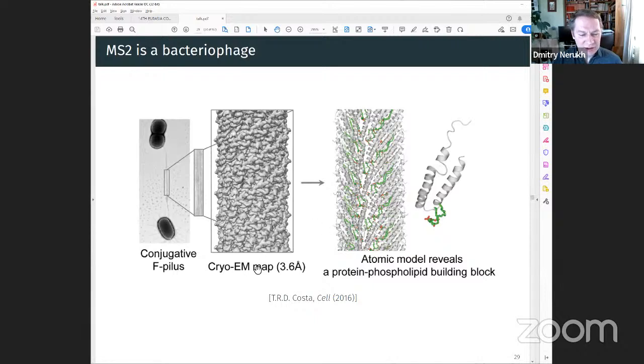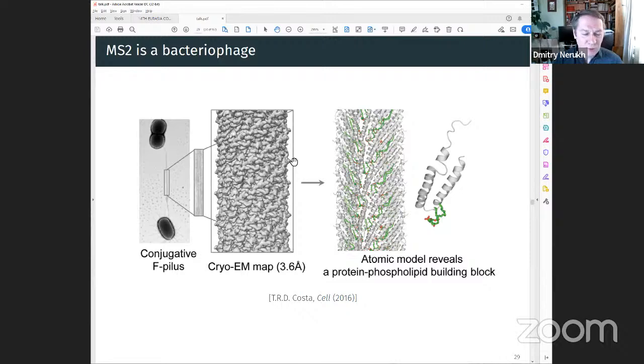Inside this tube, there are small DNA plasmids which travel through the tube to the other bacteria, and it's the main mechanism for transferring antibacterial resistance information, which makes this a very important mechanism to study.